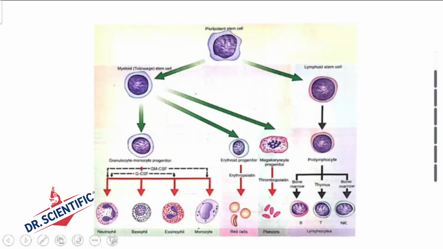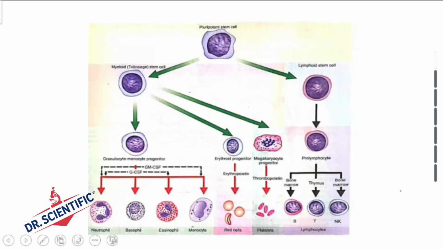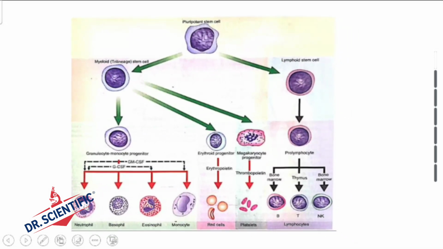Also among the myeloid pathway, you have the erythrocyte line, where finally you produce erythrocytes, the red blood cells. And you have the megakaryocyte progenitor, where finally you produce the platelets.